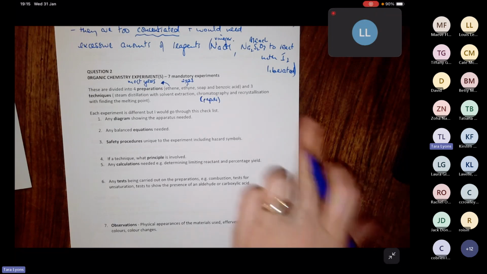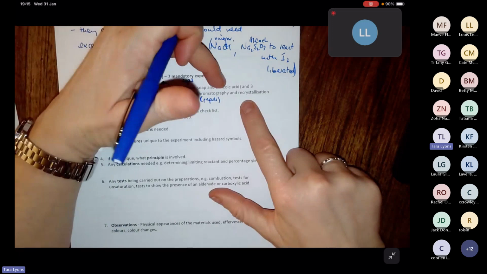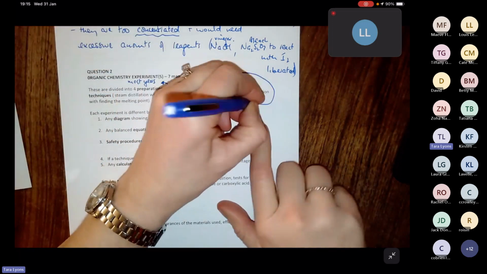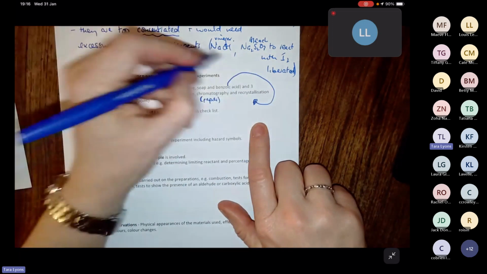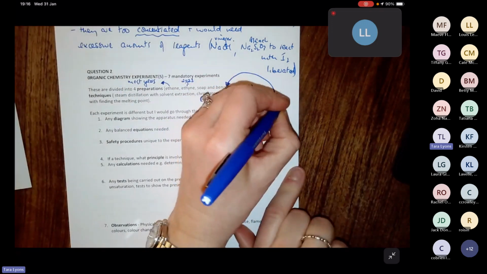And then recrystallization and finding the melting point have been asked in recent years as well. Now, there is a link between benzoic acid and recrystallization, because when you make benzoic acid, you are making crystals of benzoic acid.